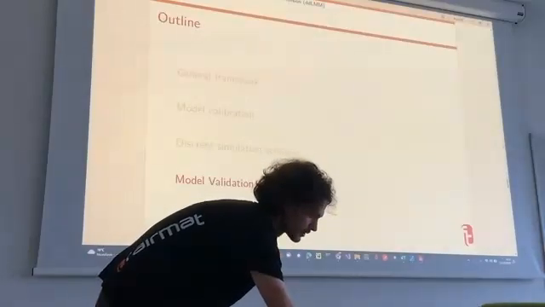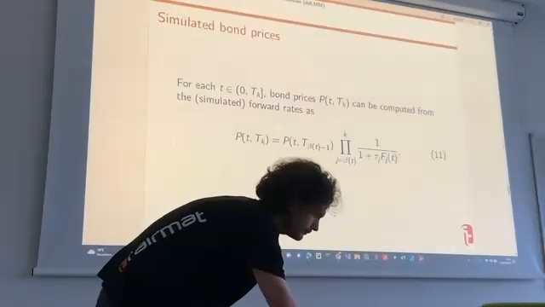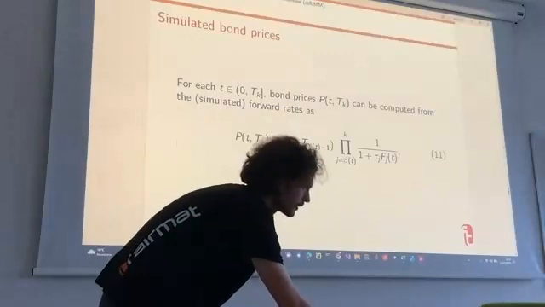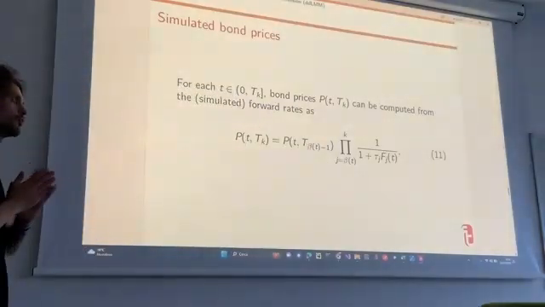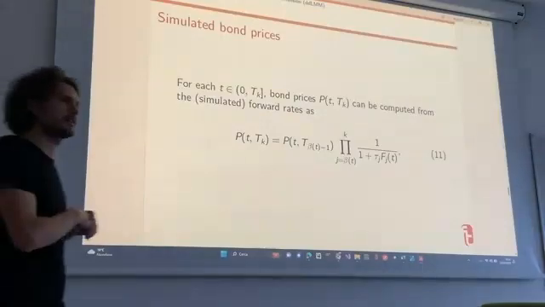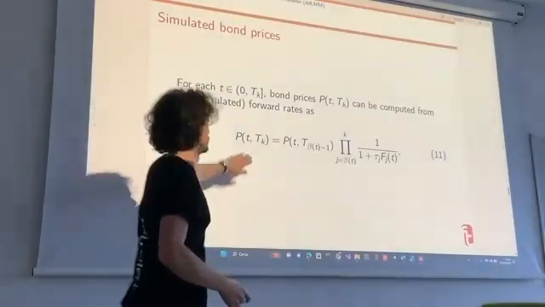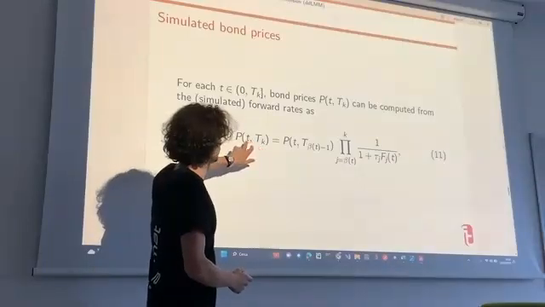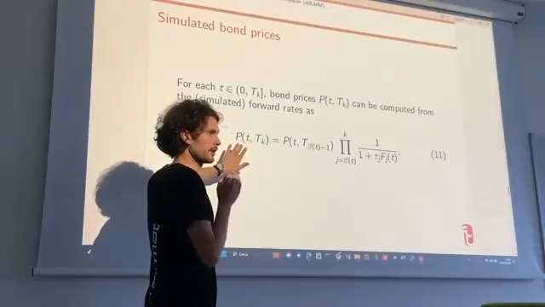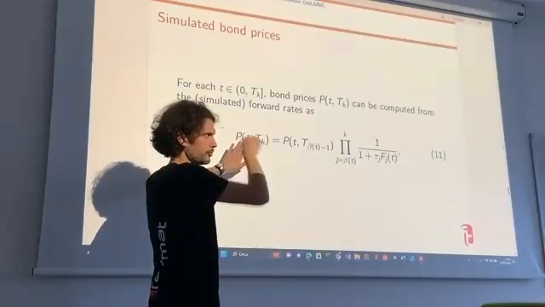Nice. Let's pass to the model validation. As I was saying, the goal is to use the bond prices and test if the bond price is simulated, because we are talking about small t, no more 0 here. 0 is when we are observing right now the bond prices.